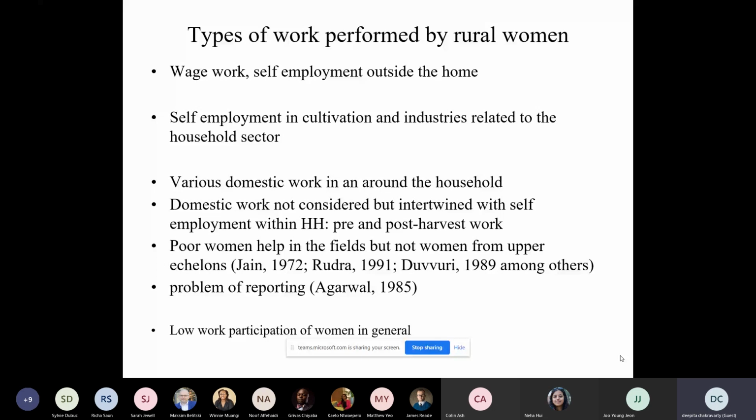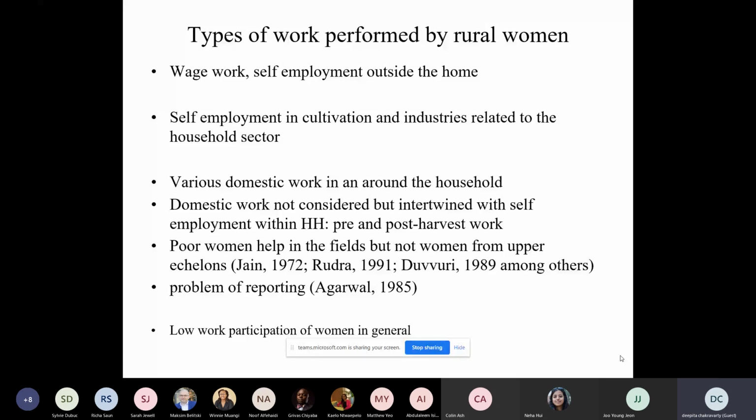What we know about women's work in rural India is that women work in wage work as agricultural laborers. Women are self-employed inside and outside the home, in cultivation and also in industries related to the household sector. And women do various kinds of domestic work in and around the household.